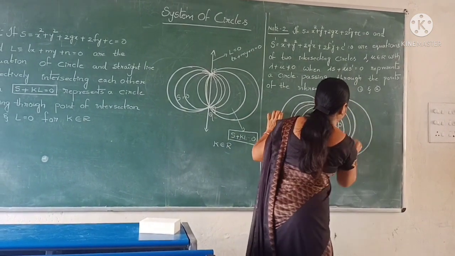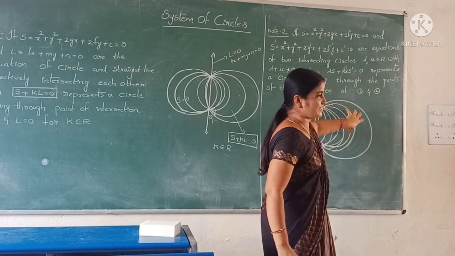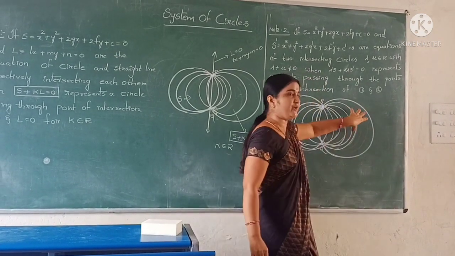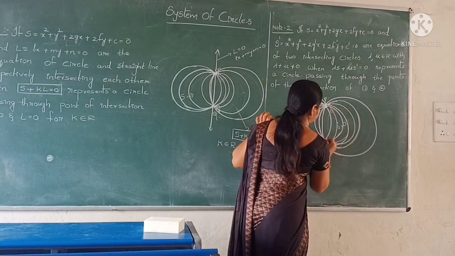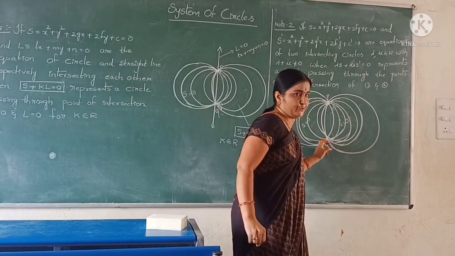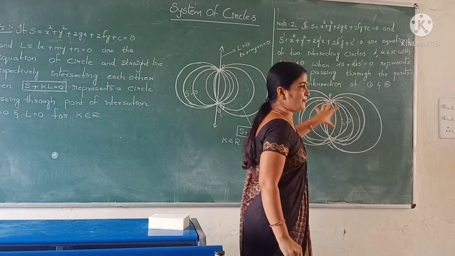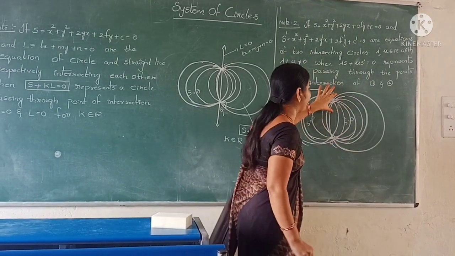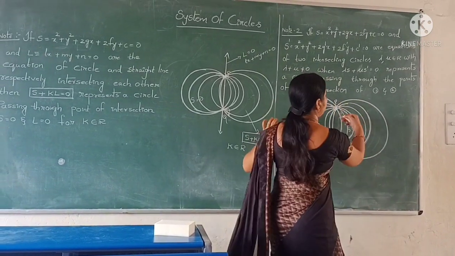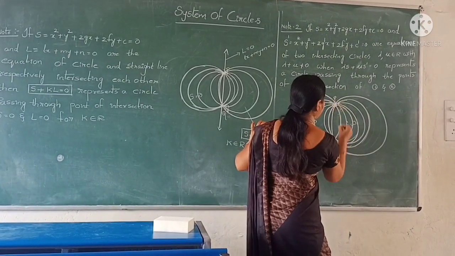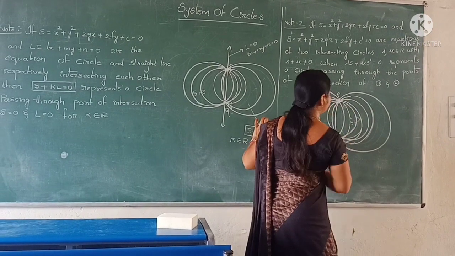Infinitely many circles: these equations we have to draw by using the points of intersection P and Q. So these are the family of circles which are passing through P and Q, and we have to draw infinitely many circles by using the point of intersection.